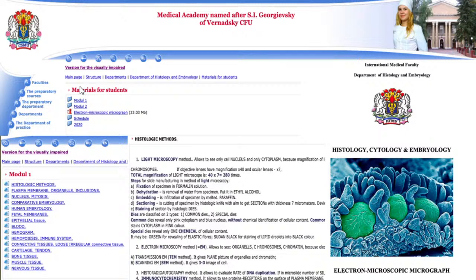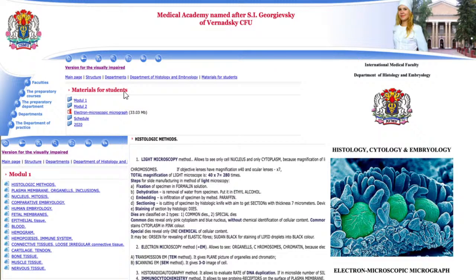Okay, very important information for you. Please pay attention. How to find the materials for students on the site of the Medical Academy, named after Georgievsky. You can find the main page, and after the main page, you can see the structure, click into the departments, click Department of Histology and Embryology and find materials for students.